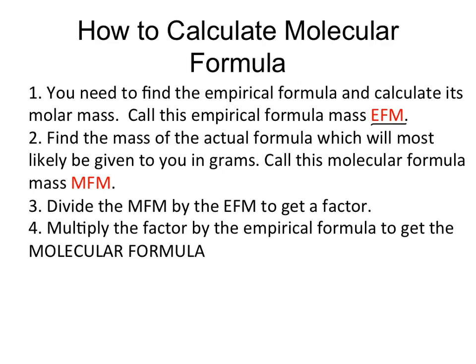It's called the molecular formula mass, and we're going to give it an abbreviation of MFM. Now, if we divide the MFM, which is the true actual formula mass, by the empirical formula mass, the simplest formula mass, we'll get a factor. And all we have to do is multiply that factor by the empirical formula to get the molecular formula.